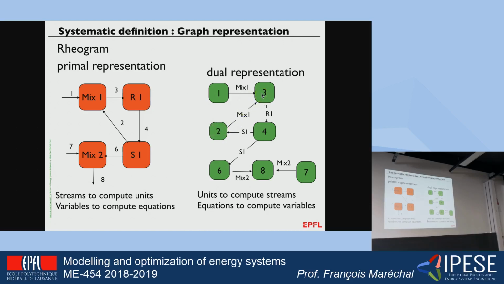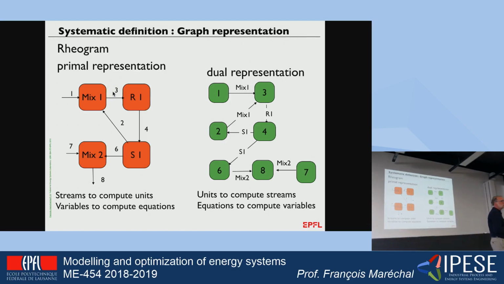So now I have 2 operators that allow me to calculate stream number 3, meaning that the stream number 3 has 2 anteriors or predecessors, which are the stream number 1 and the stream number 2. So you can see it here. Number 1 and number 2 are needed to calculate number 3. So this is the principle of the dual representation.